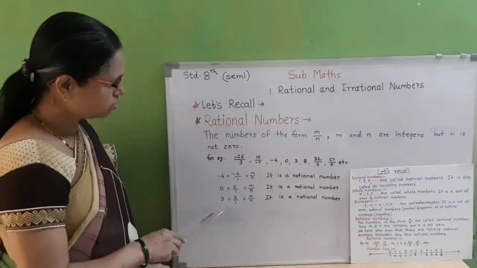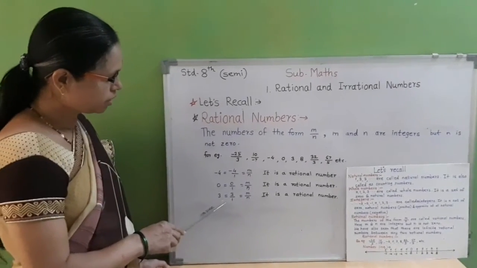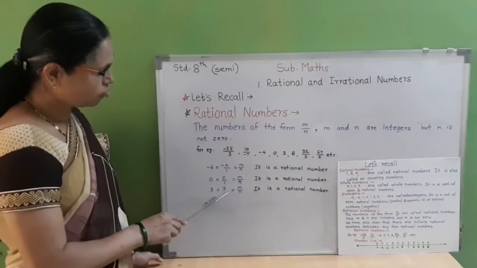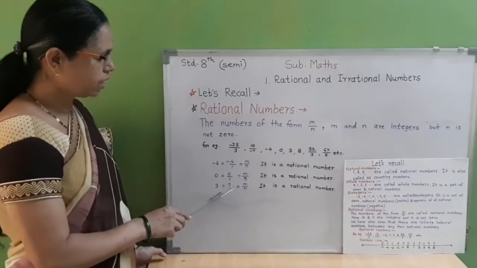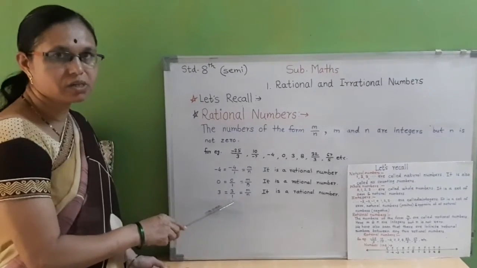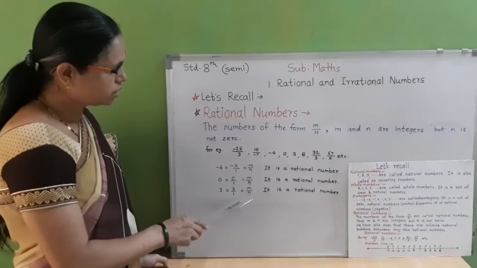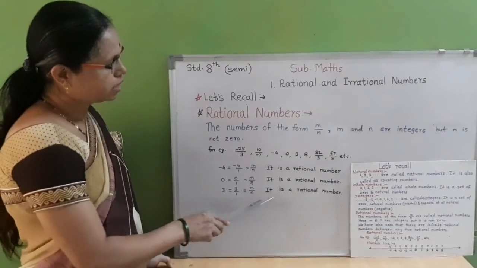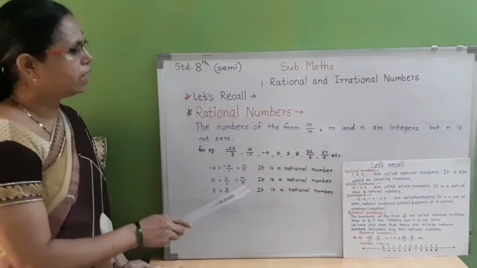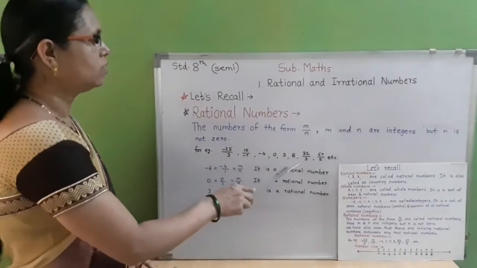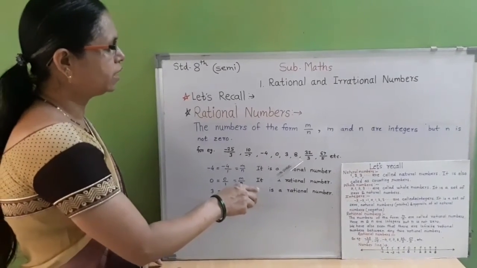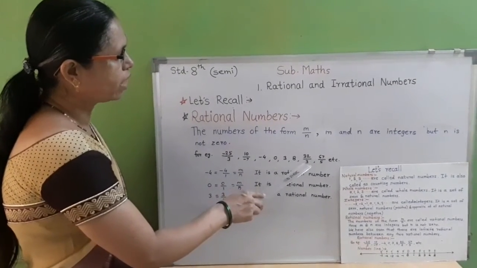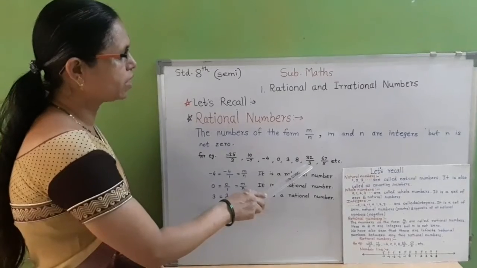Next example, 3. 3 can be written as 3 by 1 is in the form of m by n. 3 and 1 are integers and n is not equal to 0. Therefore 3 is a rational number. And next example, 32 by 3 is in the form of m by n.